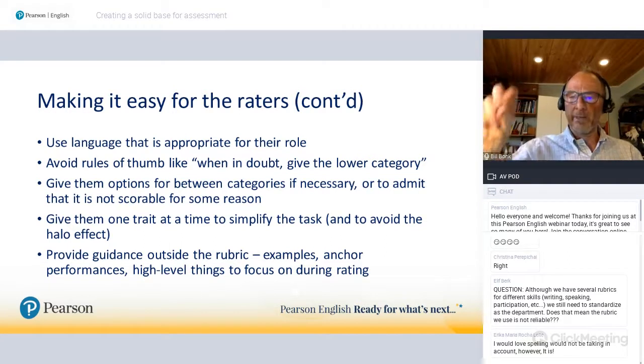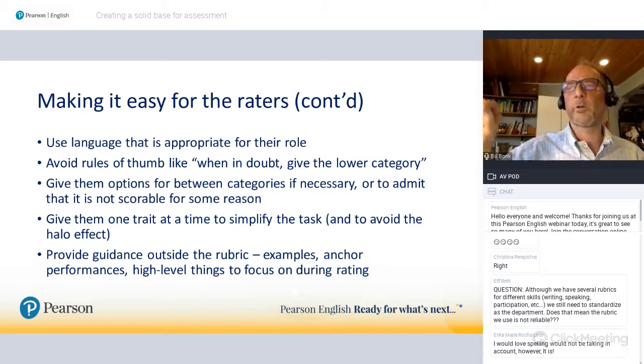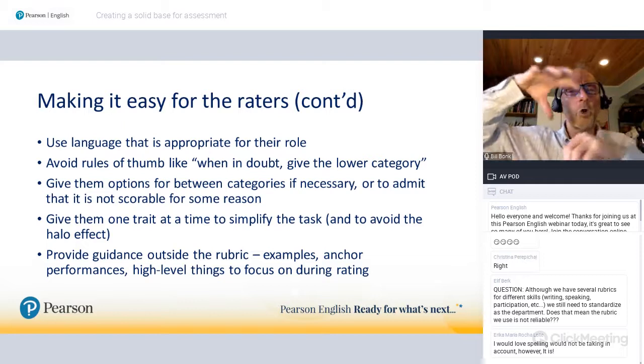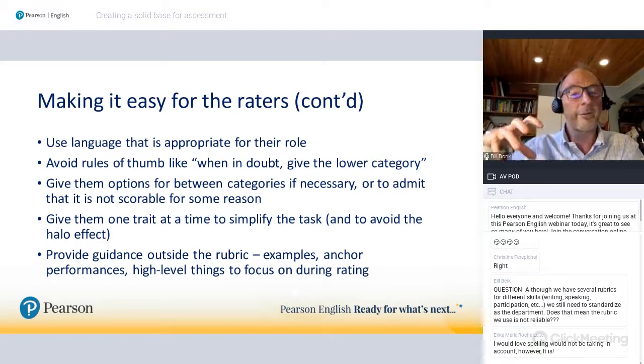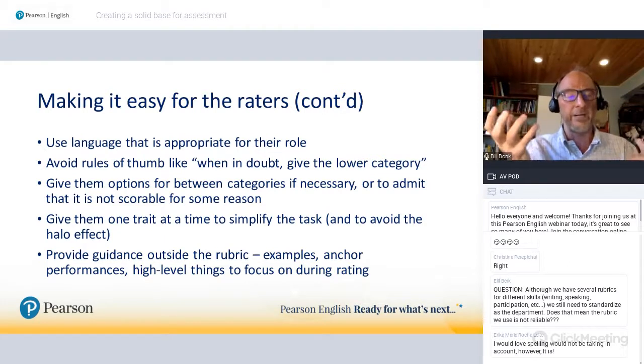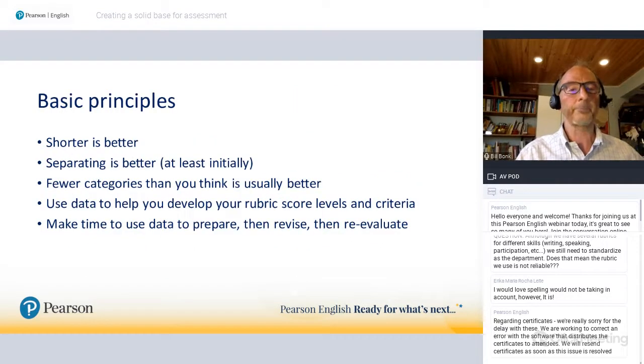We might give them many descriptors in a rubric, but we're going to say, really focus on the person's fluency. We want to focus on the flow of their language, how much hesitation they're doing. That's almost like putting a holistic judgment on top of an analytic rubric, which can be useful for helping anchor your raters on the appropriate stuff and guiding them away from things that are inappropriate to be thinking about.